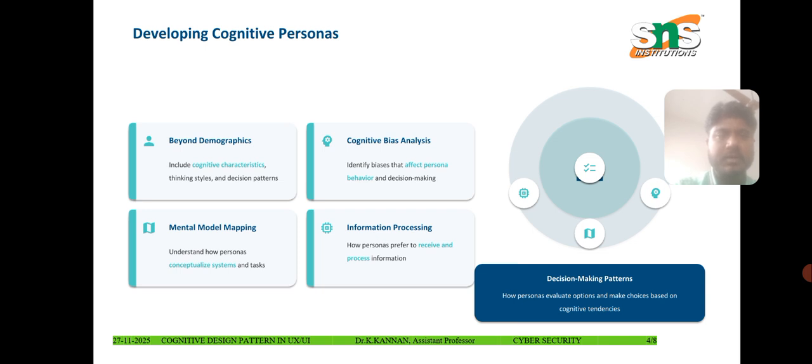Mental model mapping is understanding how a persona contemplates the system and task. Information processing is how personas prefer to receive and process information. Decision pattern making evaluates how personas make choices based on cognitive tendencies.